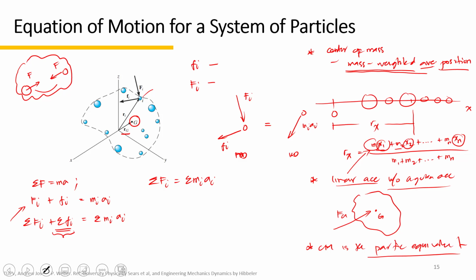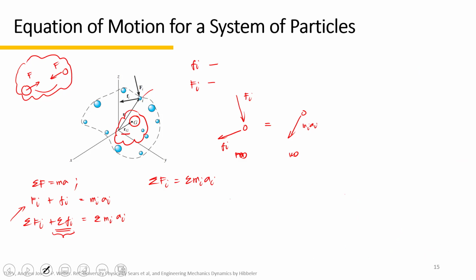Now, let's go back to our discussion on this position vector r_G. We'll have to erase so that we have more space. So let's go back to the position r_G, as we have already defined what the center of mass is.